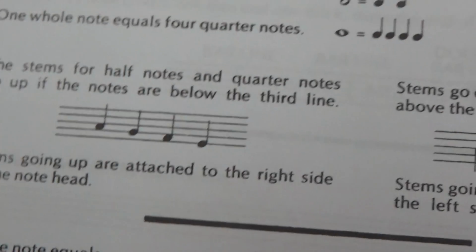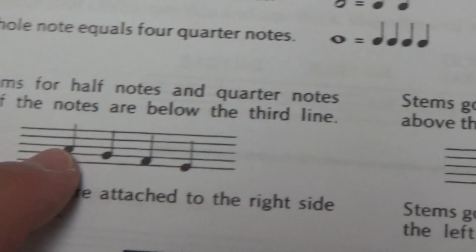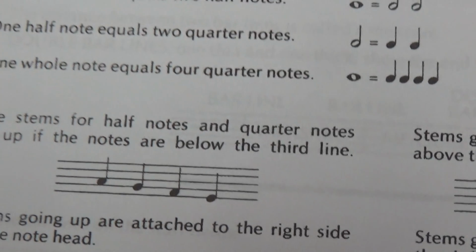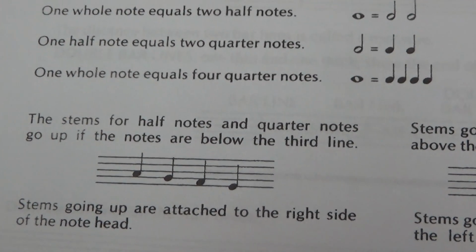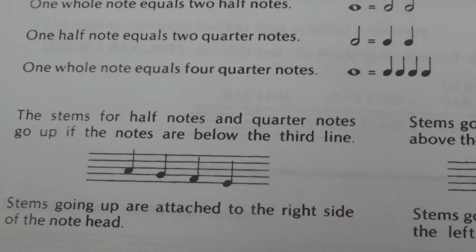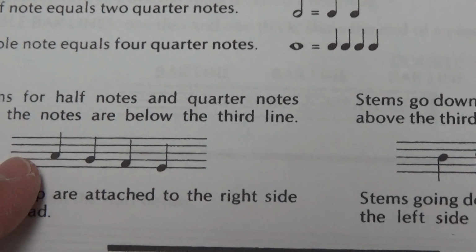Okay, when you write down the music, these little lines that go from the circle head part of the note are called stems. The stems for half notes and quarter notes go up if the notes are below the third line of the staff. So that middle line.